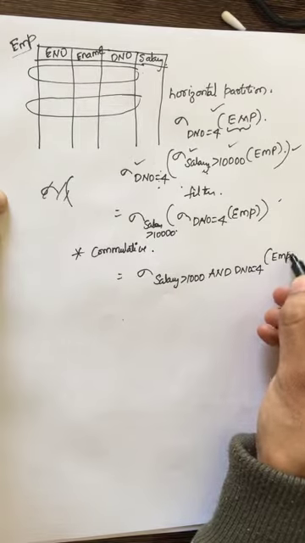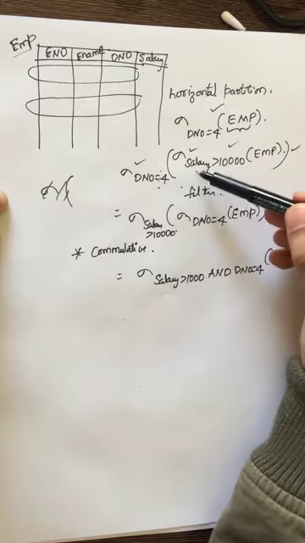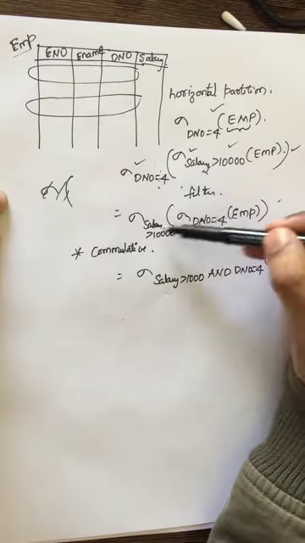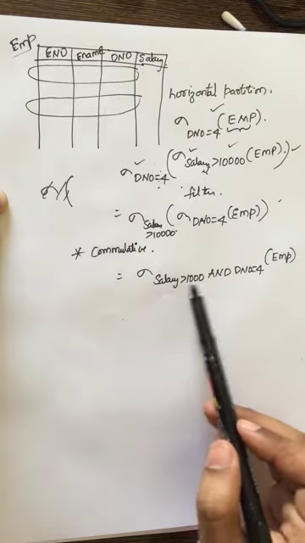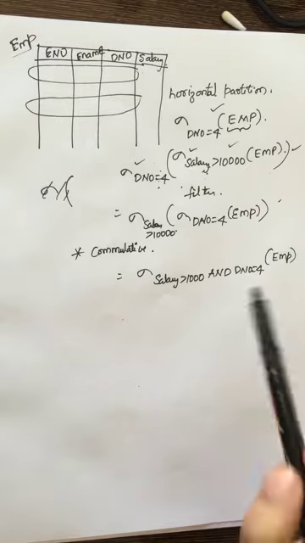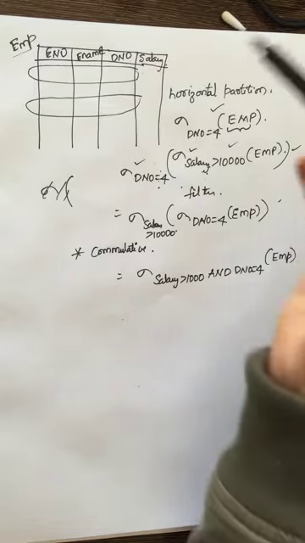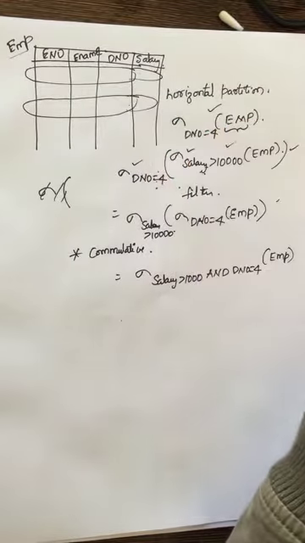So you can even write it like this. Remember, the most important point is that it is commutative, which means we can change the order in which these operations are applied, and you can also cascade them. Anyway it is going to be the same. One more thing to remember is we filter out only some of the rows, but all the columns will be present.